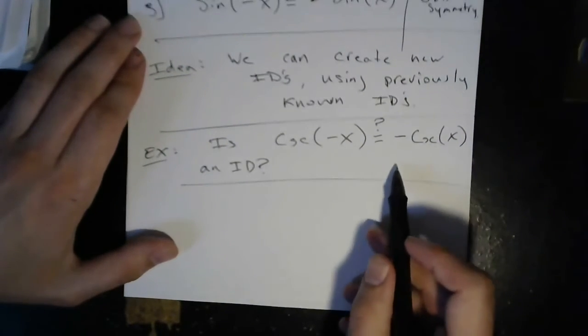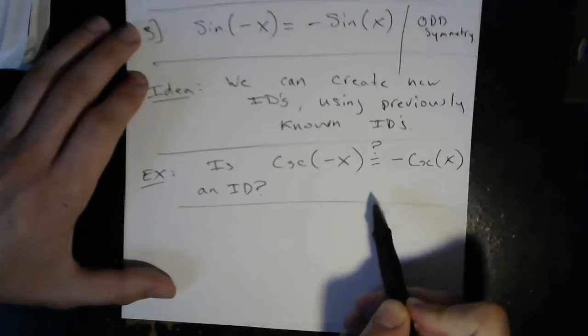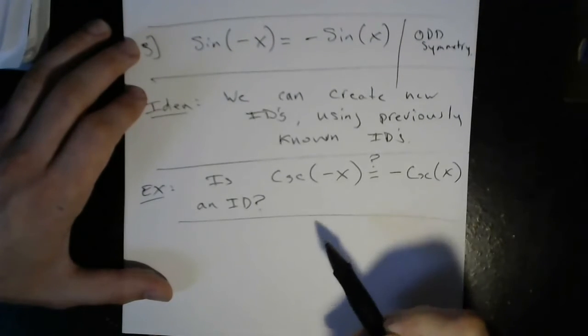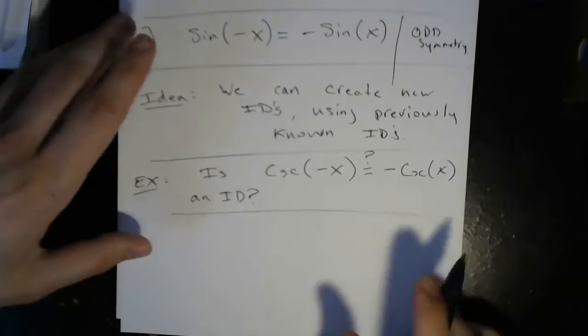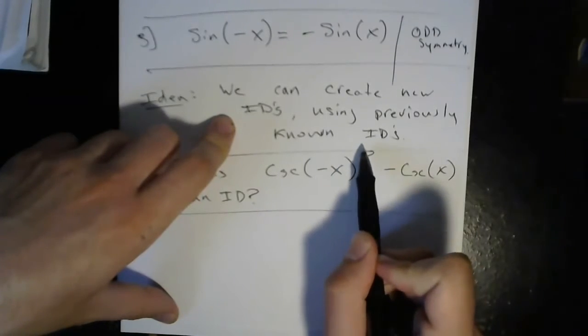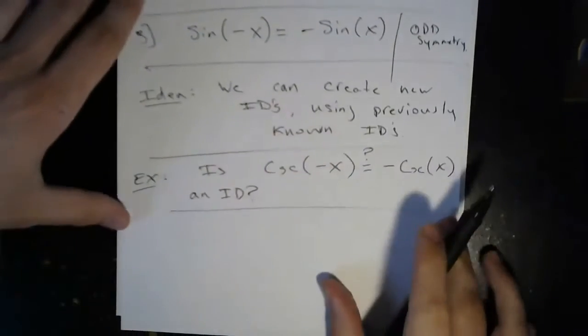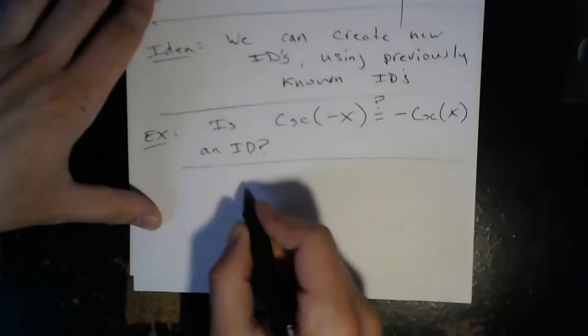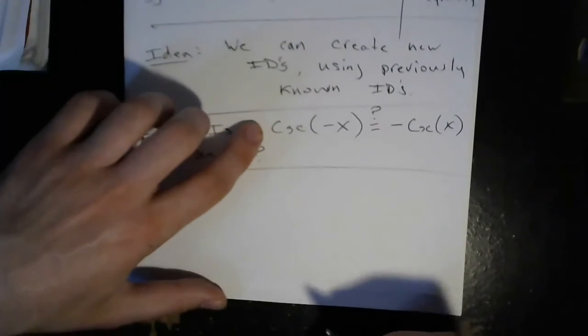And we can check if it's an identity by trying to convert it into stuff we know and then use old identities that we know, right? So if we can convert this to a known identity, then this also has to be an identity. And so the way we do that in this case is to just use the definition.